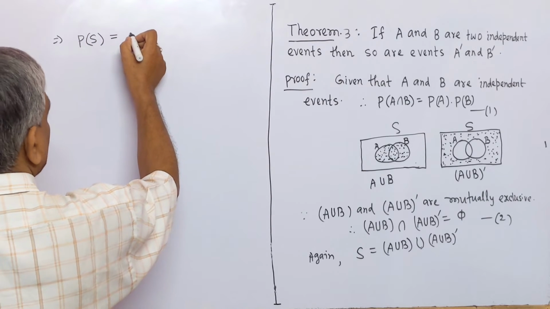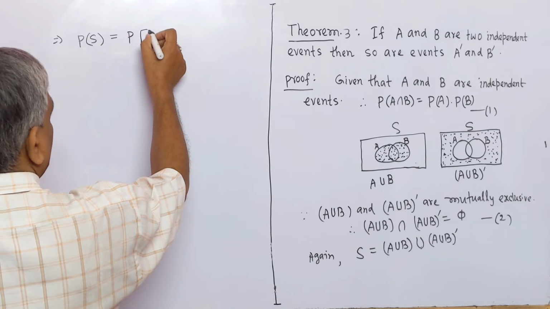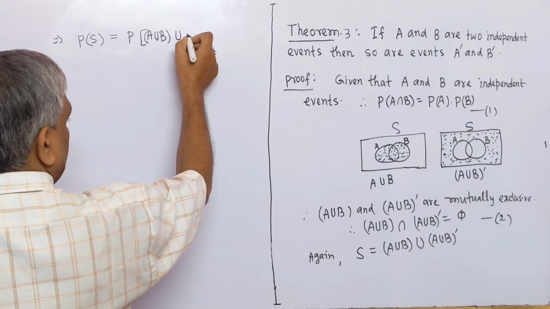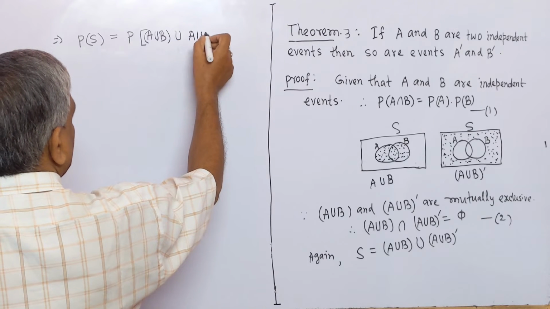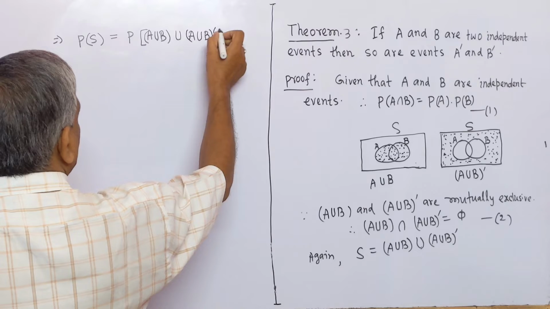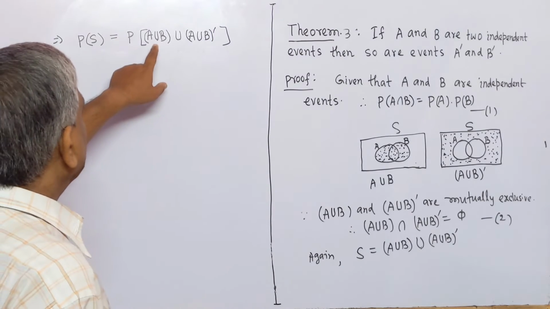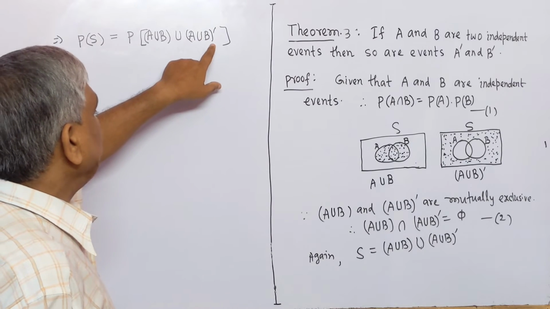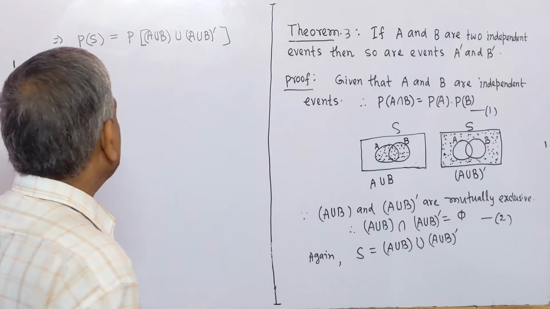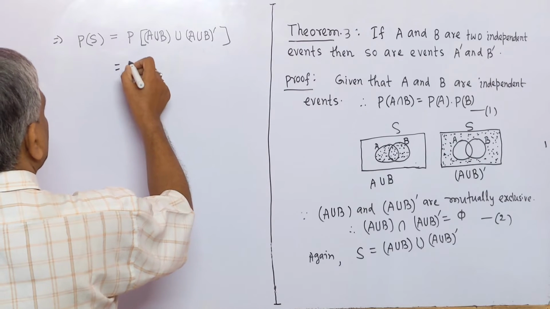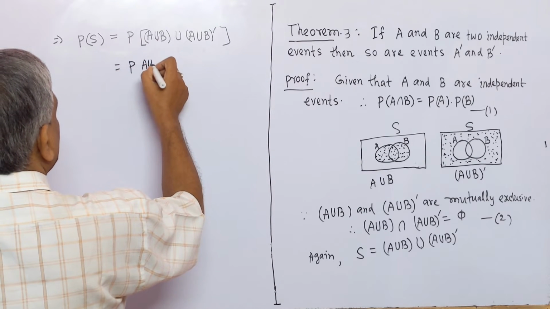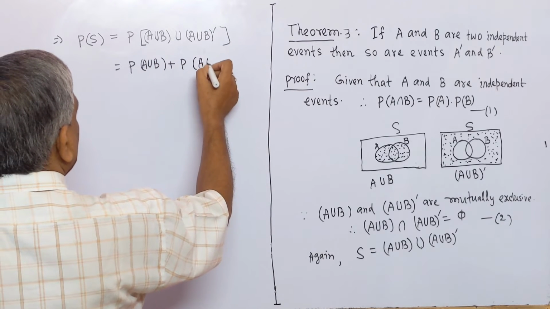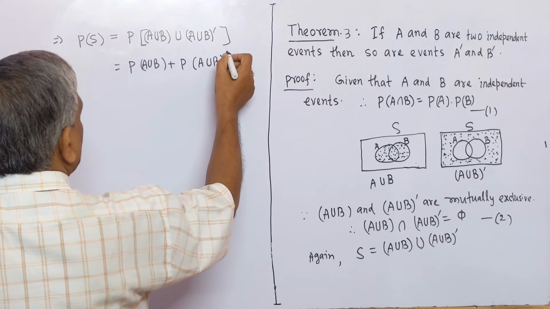P of S equal to P of A union B union complement of A union B. Since this event A union B and complement of A union B are mutually exclusive, therefore this will be equal to P of A union B plus P of complement of A union B.